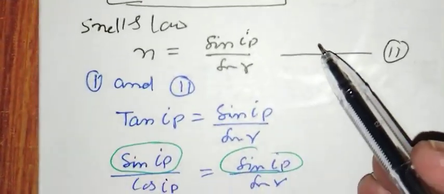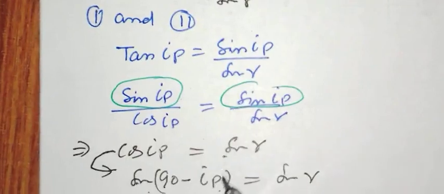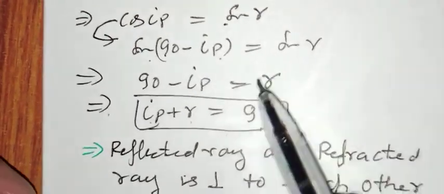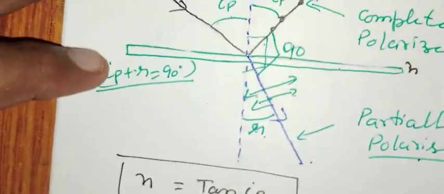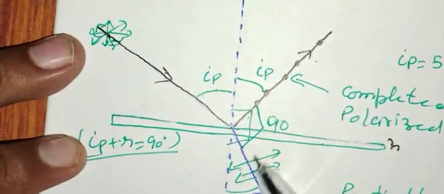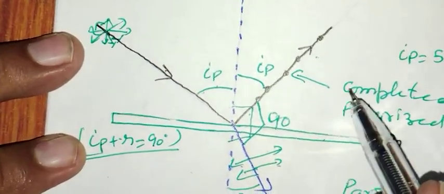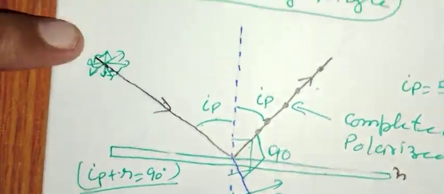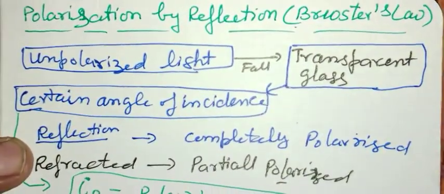Then, after doing the mathematics with Snell's law and obtaining the important result, the reflected ray and refracted ray are both perpendicular to each other. It means they not only polarize, but become mutually perpendicular to each other. This is about Brewster's law. Thank you and have a nice day.